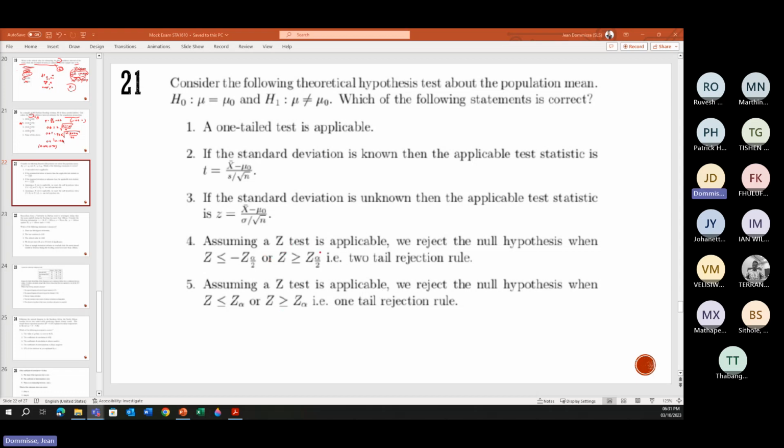When I saw this in the previous exam, I thought, this is quite a long one to work out. You need to know a few things. So let's look at what they ask us and which one is correct.